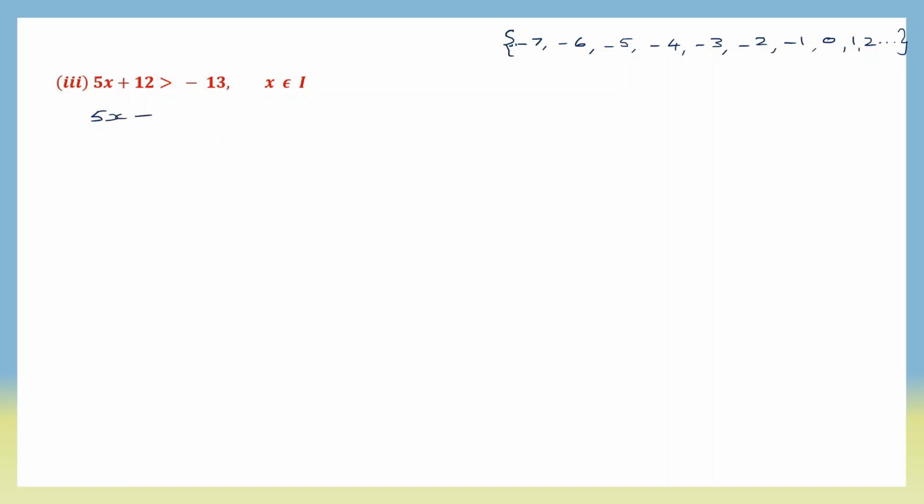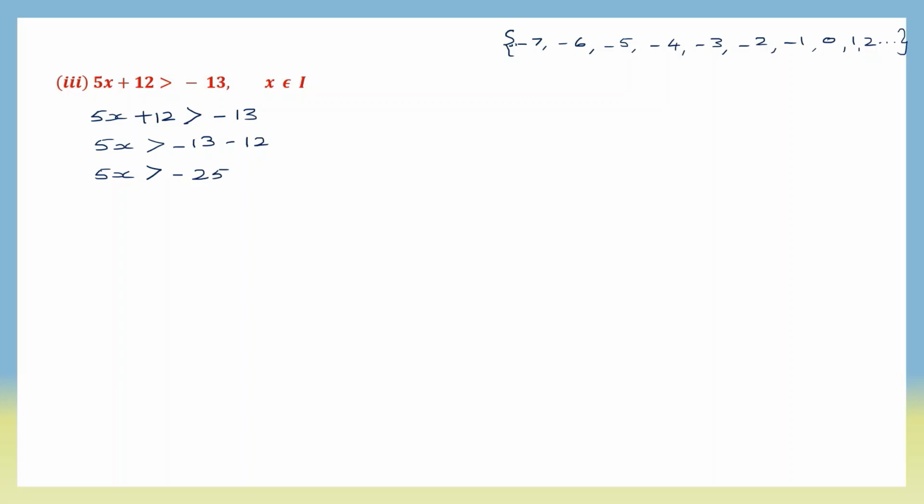5x plus 12 is greater than minus 13. So 5x is greater than minus 13 minus 12. Now minus 13 minus 12, the signs are the same, so put the same sign and add. 13 plus 12 is 25.